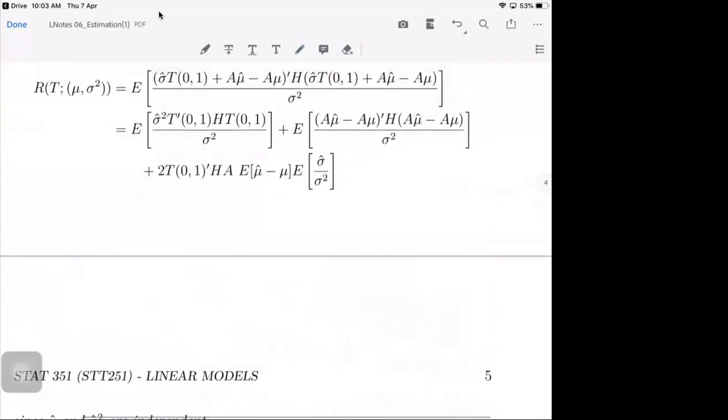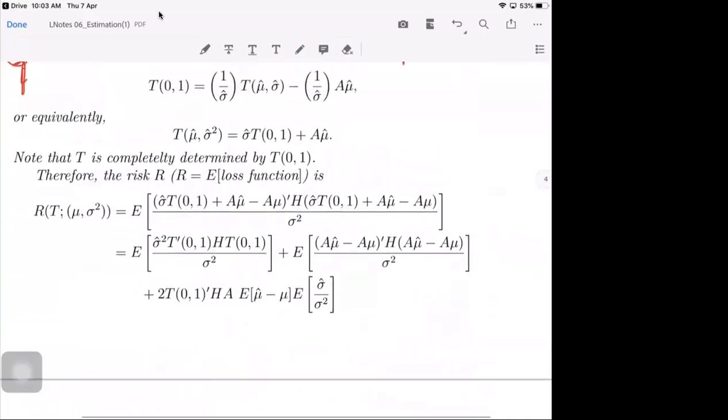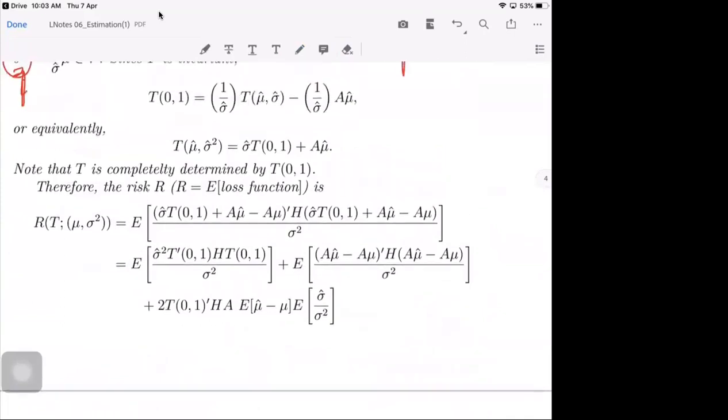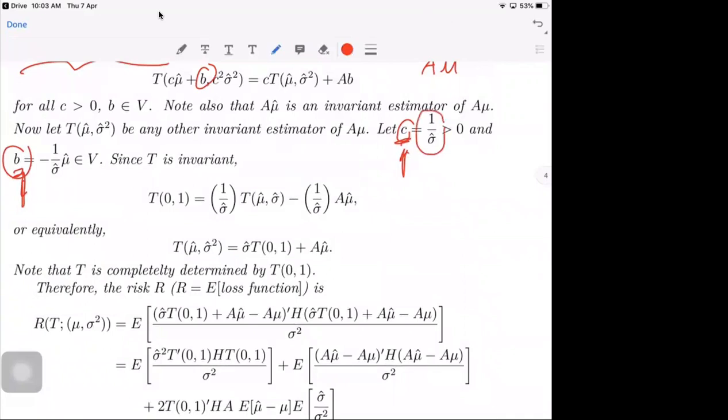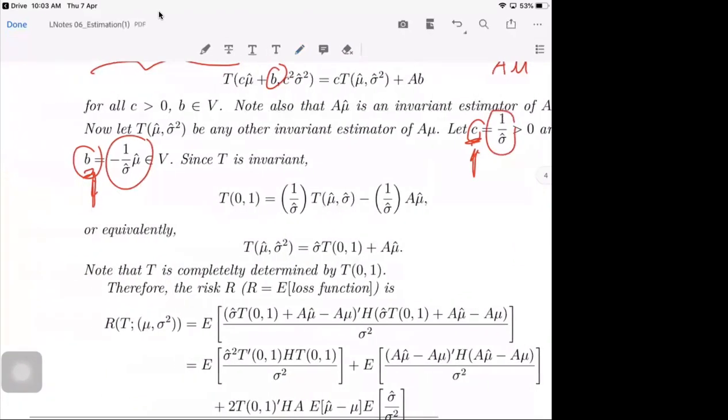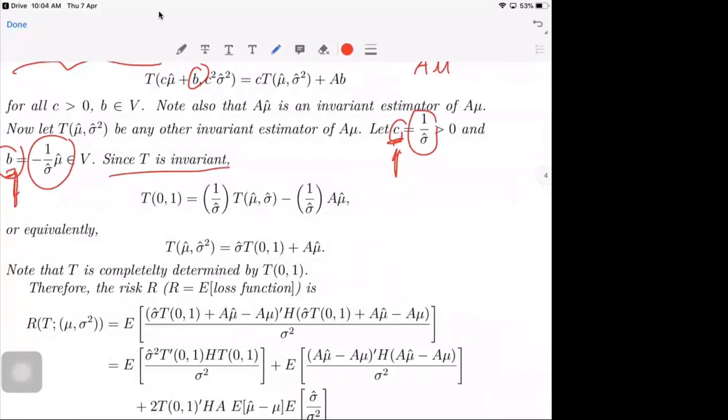So in general, in this part, it is still all C and B. And then, the values of C and B that would simplify this were found to be 1 over sigma and negative 1 over sigma hat mu hat. And then, substitute. That is the flow of your proof. Anyway. So, if this is your C and B, and since T is invariant, by definition of invariant, then T at 0, 1.